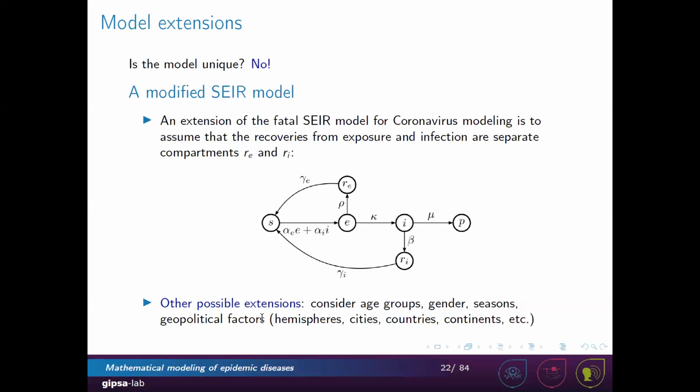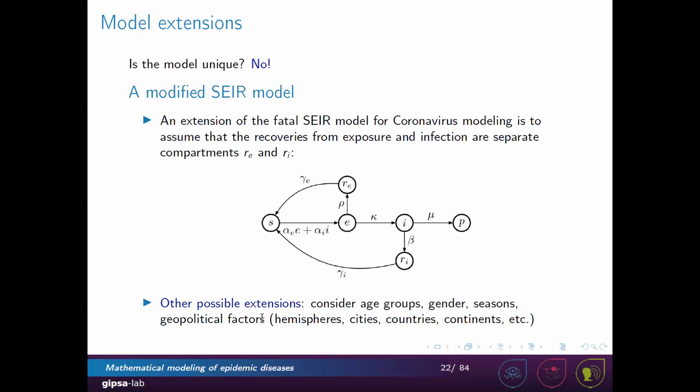We can consider other factors. For instance, we can consider age groups, we can consider gender, we can consider seasons and time. We can consider geopolitical factors, such as the hemisphere. We already know that, for instance, in the northern hemisphere, we are in spring, while in the southern hemisphere, people are in the beginning of fall.